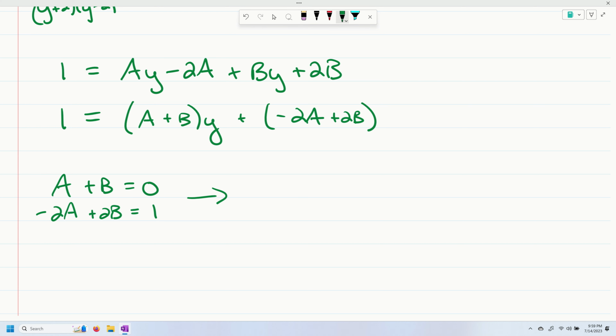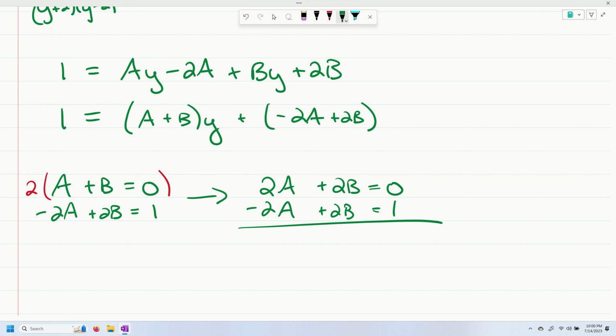What I think I'm going to do is solve this by the addition elimination method. So if you remember, I'm going to multiply equation 1 by positive 2. That's going to give me 2A plus 2B equals 0. Then we have negative 2A plus 2B equals 1.